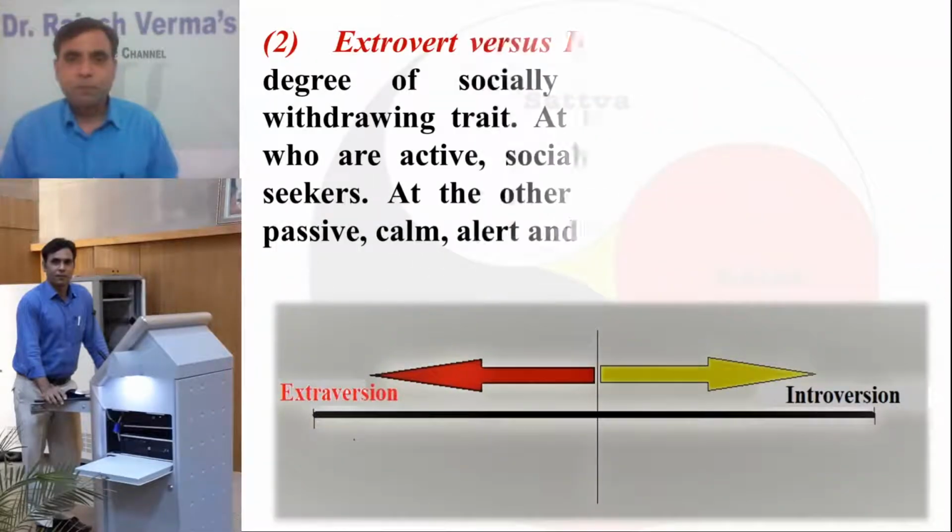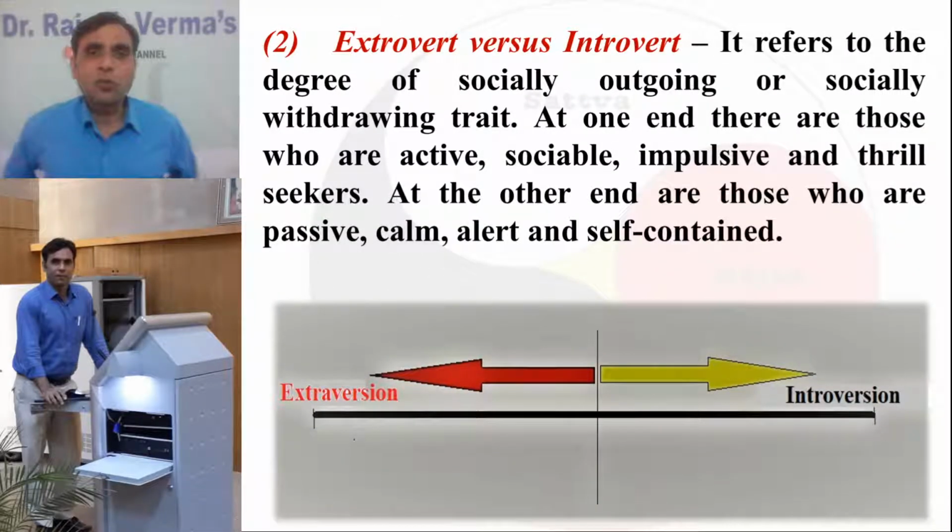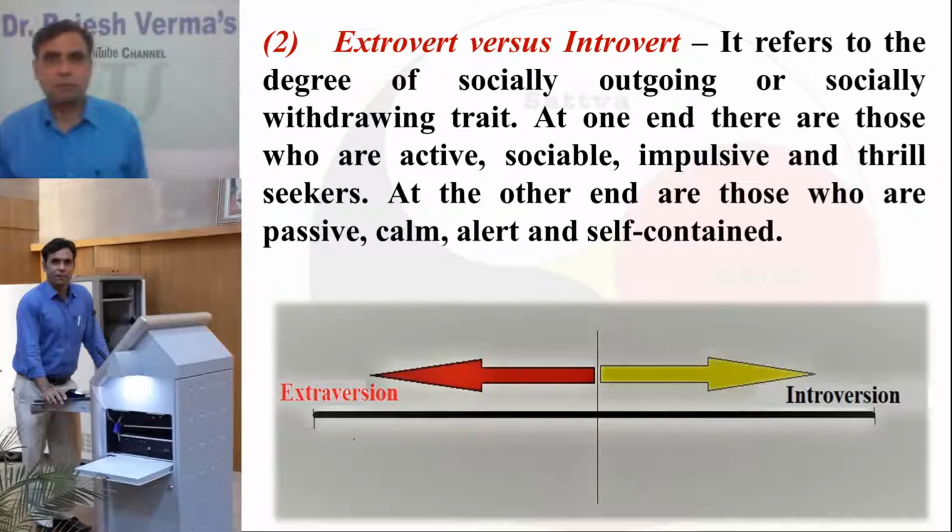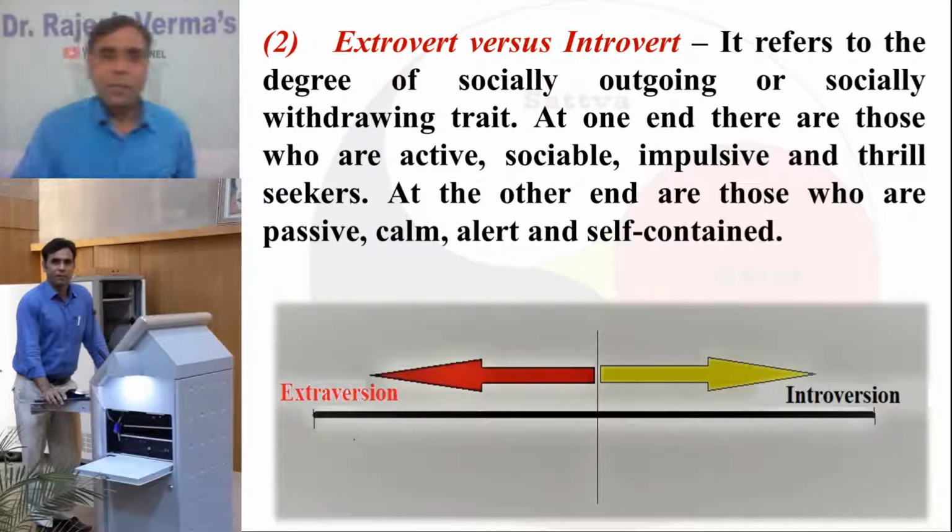Then comes your second dimension, extrovert versus introvert. A similar case here. I have drawn two arrows, one red and one yellow. At one end of this dimension, people are classified as introvert, and at the other end are extroverts.